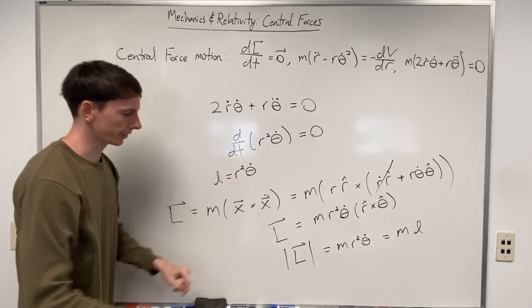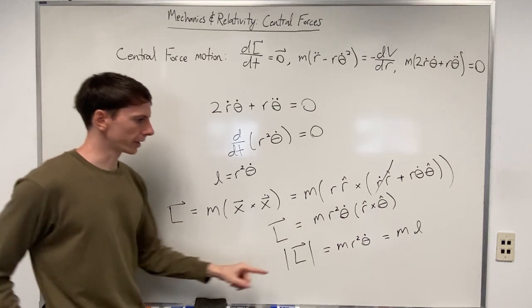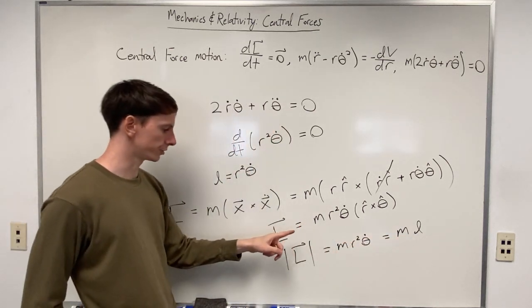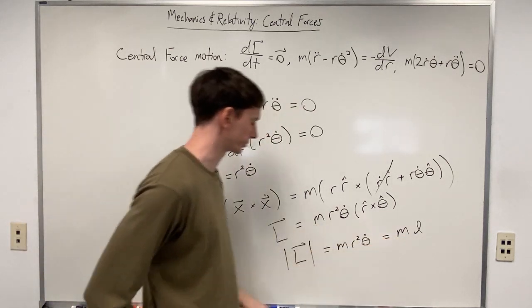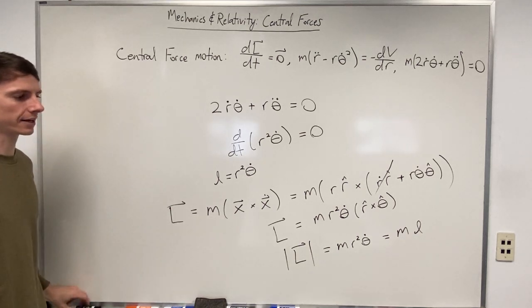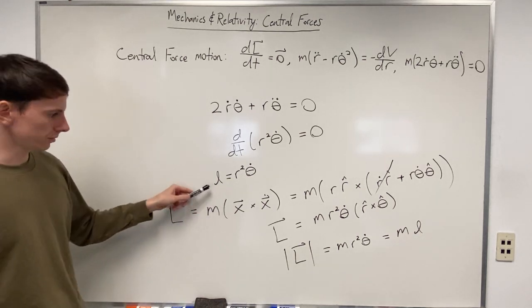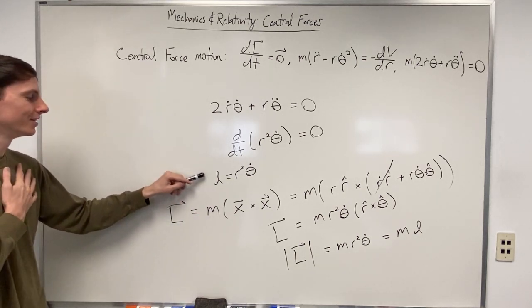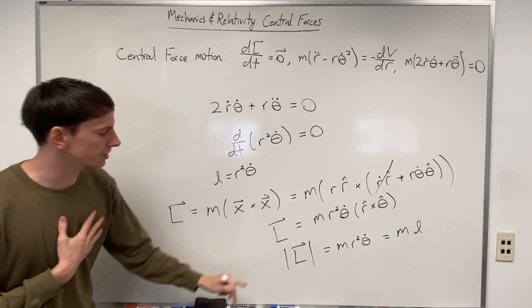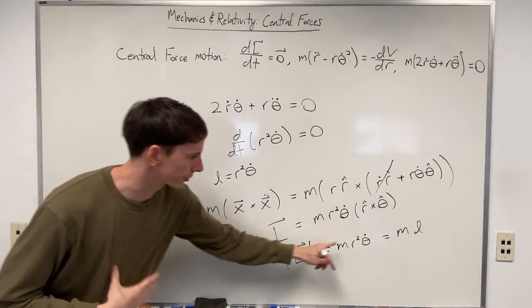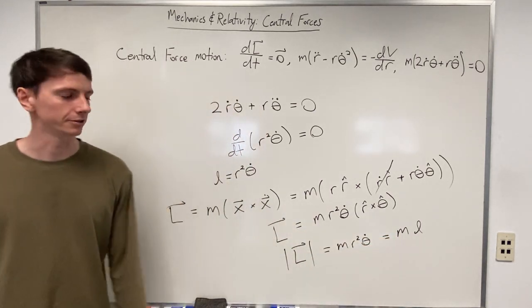And then finally, we're saying little l is related to the magnitude of big L through this equation. What this is telling us is that this new quantity, little l, is just the magnitude of the angular momentum vector per unit mass, okay?